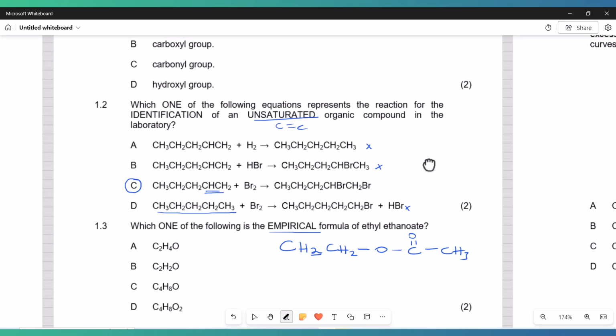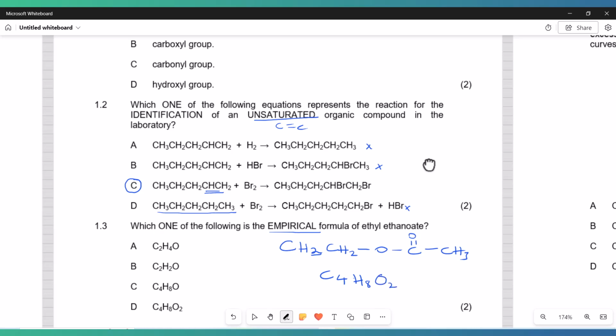If you check here, how many carbons are there? 1, 2, 3, 4. So there are 4 carbons. What about hydrogens? 3 plus 2 is 5, and 5 plus 3 is 8, so there are 8 hydrogen atoms. For oxygen, there are 2 oxygen atoms.